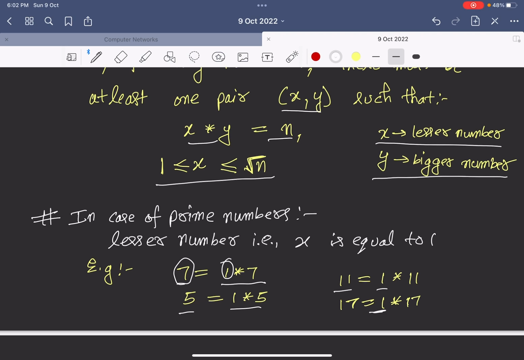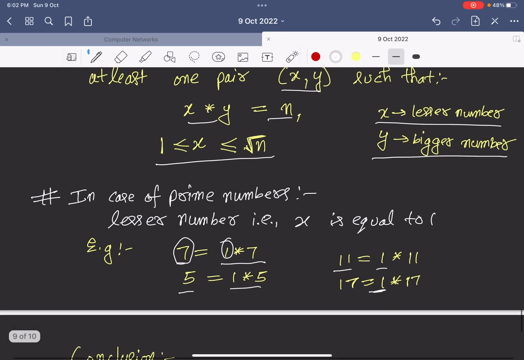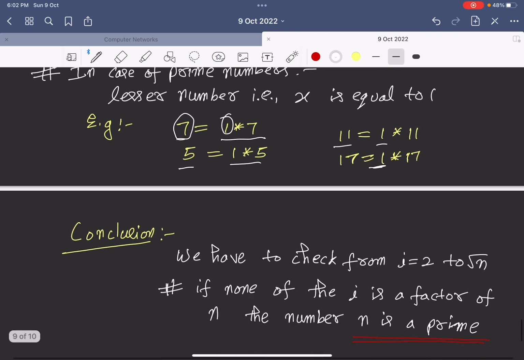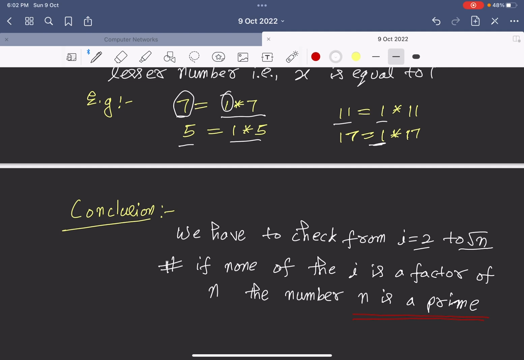So what I have to do, instead of traversing from 1 to n and checking whether number n is divisible by any number from 1 to n, is check from 2 to root n.